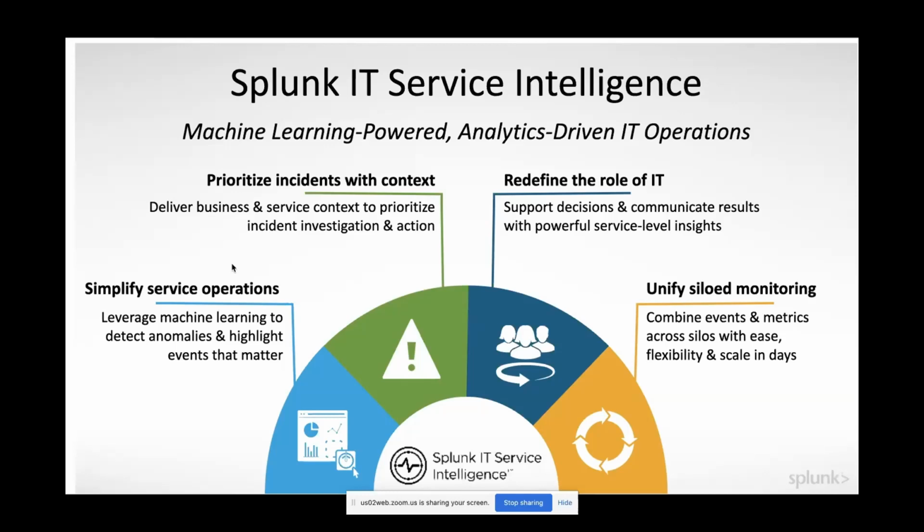So instead of showing events, we show episodes, and those episodes are created based on different kinds of events from different systems, and you apply the business context and service context to it, so that you are working on the actual incident which is important, which is impacting business, and you can take particular action based on it.